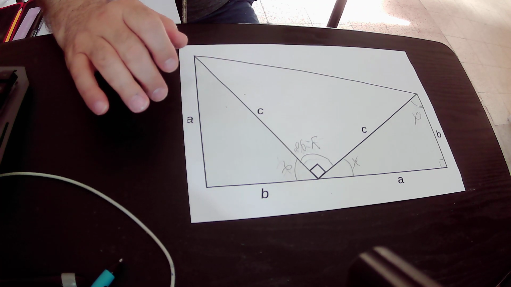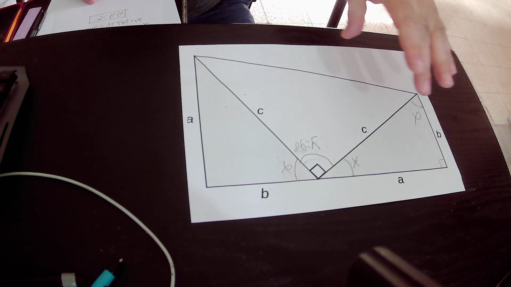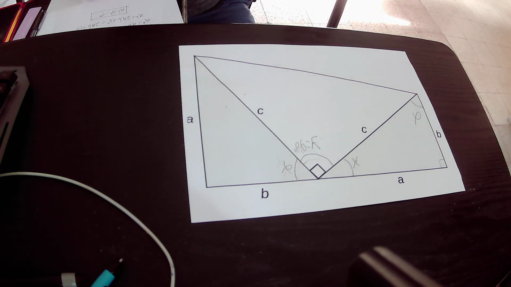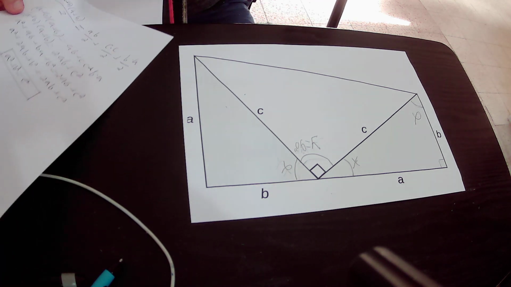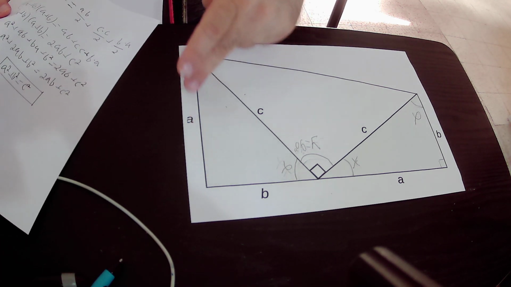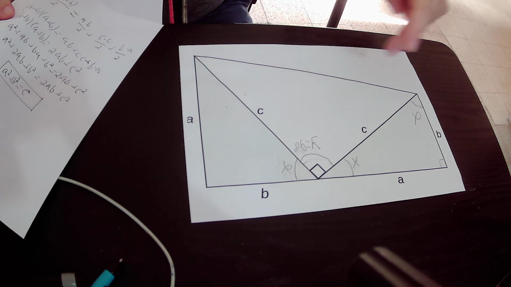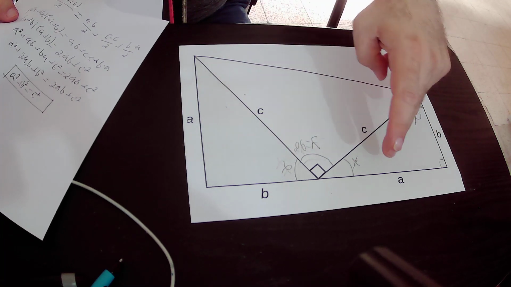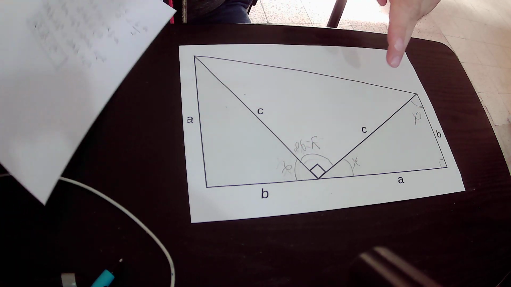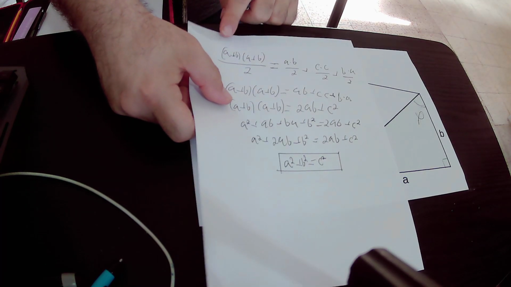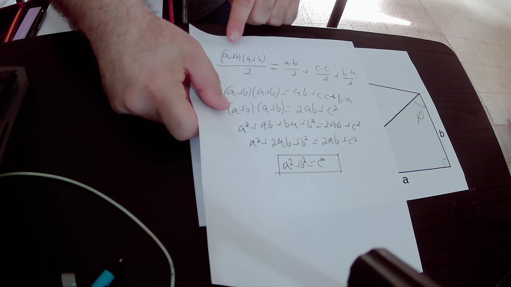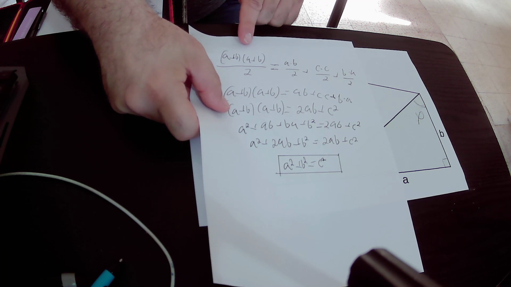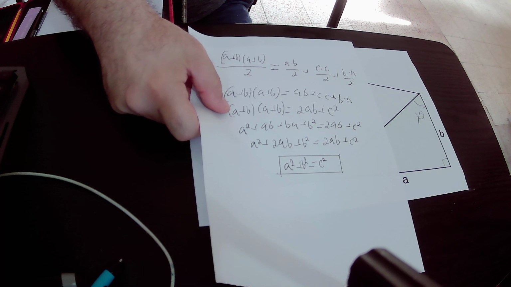We calculated the area of this trapeze in the first way. The area equals the sum of its parallel sides, that is A plus B, times the height of this trapeze, that is also A plus B, all divided by 2.